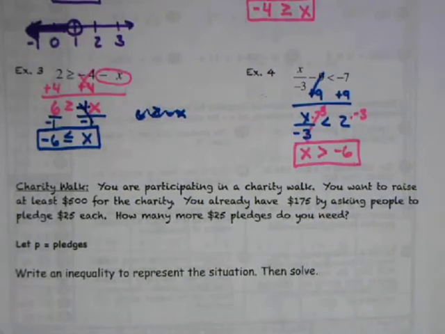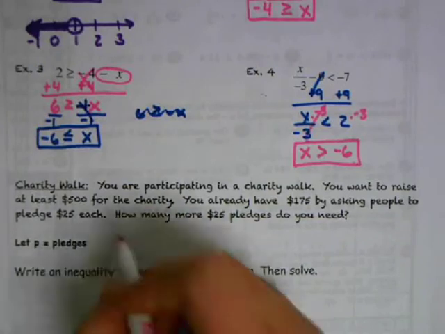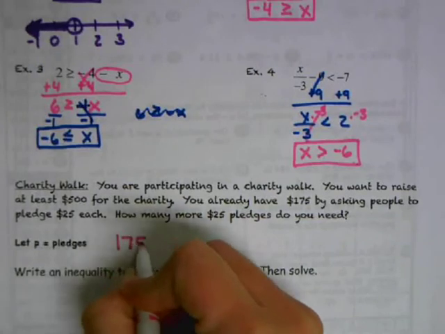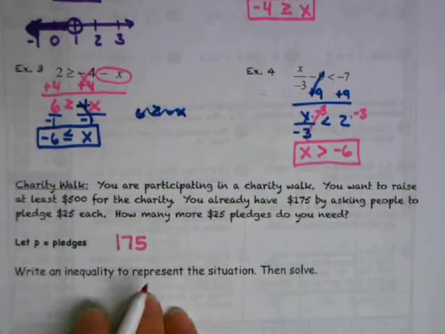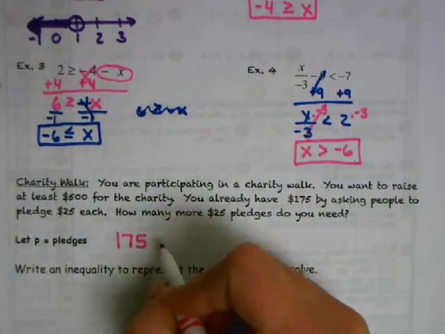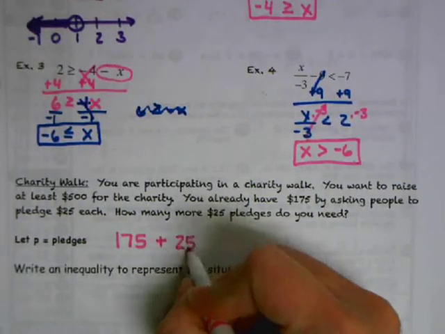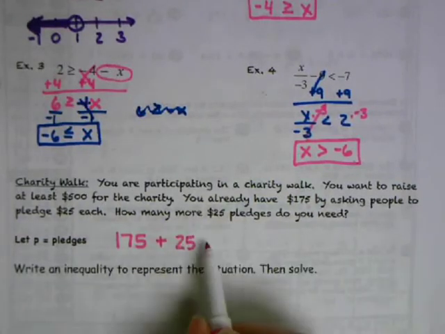So we're going to write that inequality. Let's just do it right up here. We've already got what? What do we have? We have 175 from people already donating. We want more people to pledge us $25 each. So we want to add more to our total. And if one person pledged $25, we'd add 25, right? If 2 people, we'd do 25 times 2. 3 people, 25 times 3. So we're trying to figure out how many people.